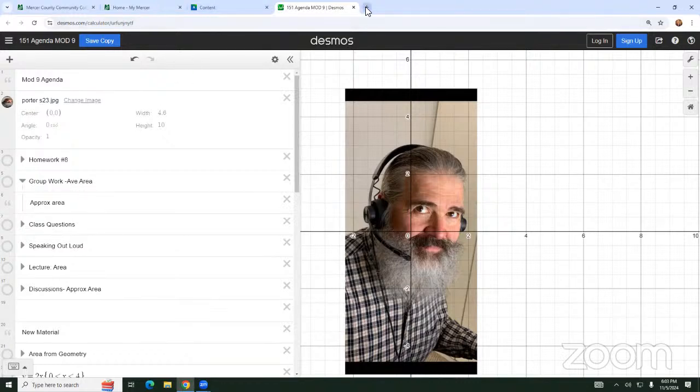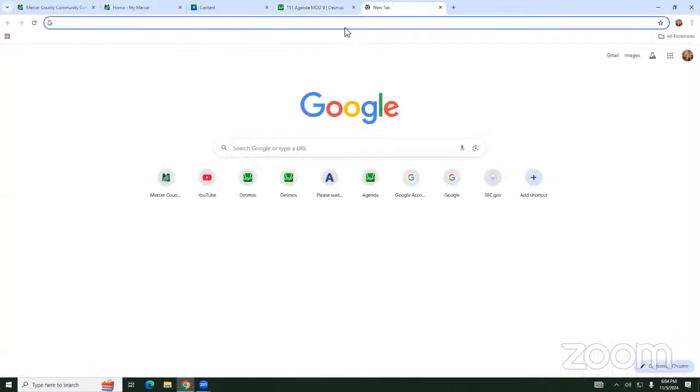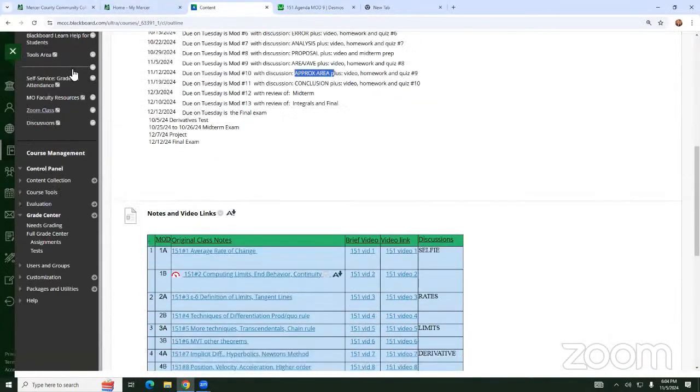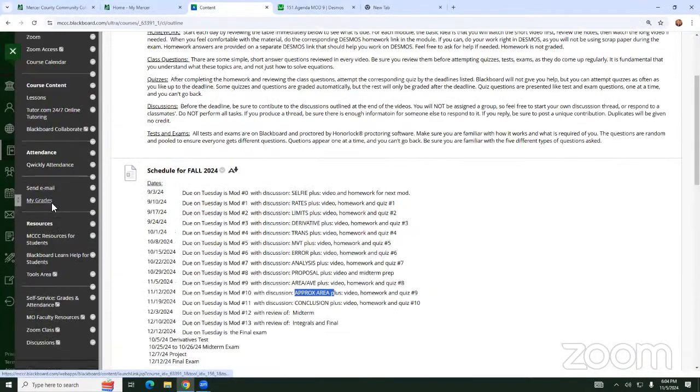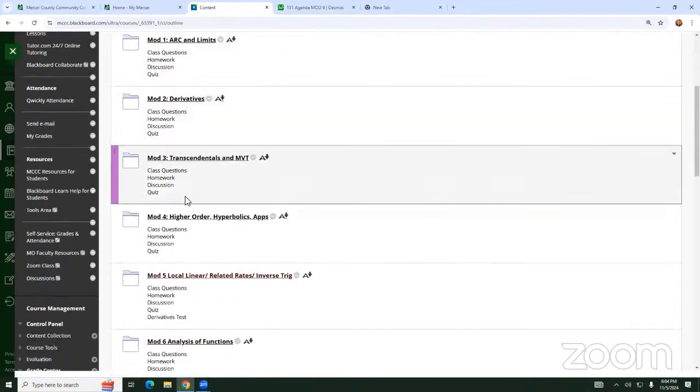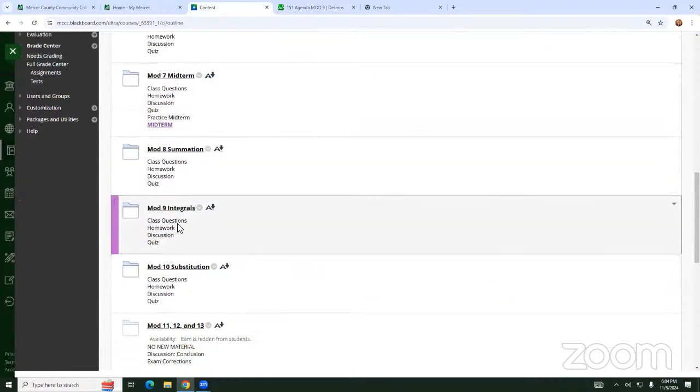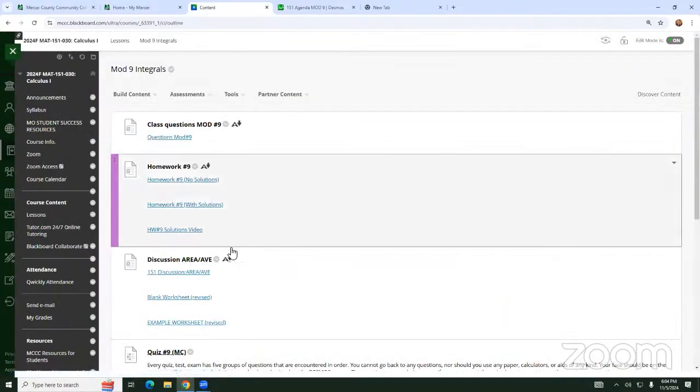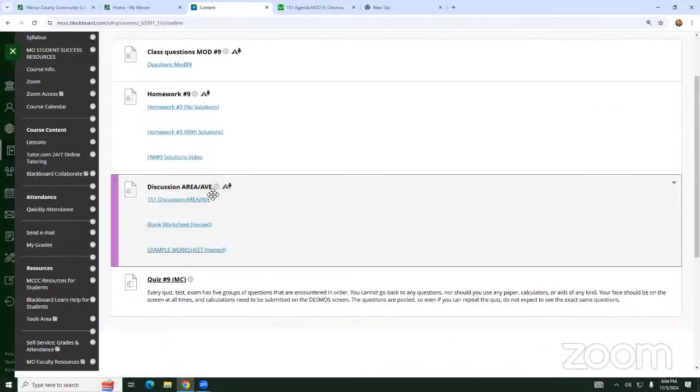And for the average area, it was just a matter of, let me get that out for you. So in mod 9, there'll be something called area / average area. Okay.